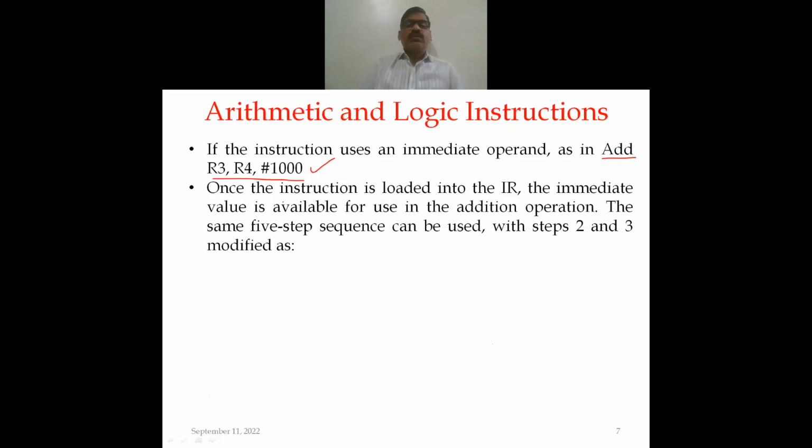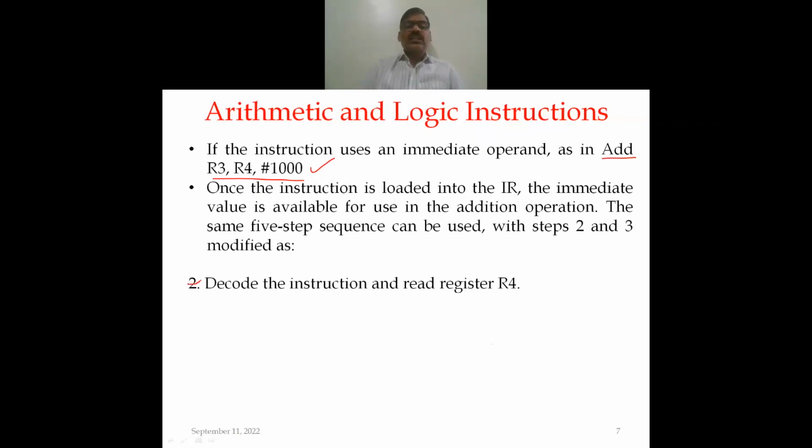The 5-step sequence of execution will be modified. Once this instruction is loaded into the instruction register IR, the immediate value is available for use in the addition operation. So the same 5-step sequence can be used with steps 2 and 3 modified as no operations. Step 1 will be as usual, fetching the instruction and incrementing the program counter.